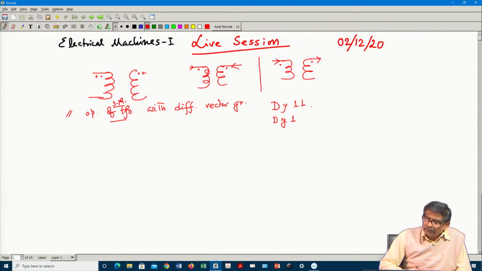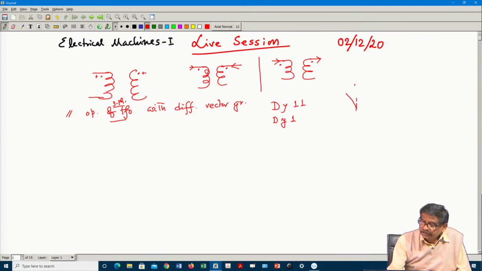See, what happens is this: in case of one transformer, I am drawing only the secondary voltages, these voltages will be like this for Dy11, and for Dy1 it will be like this.